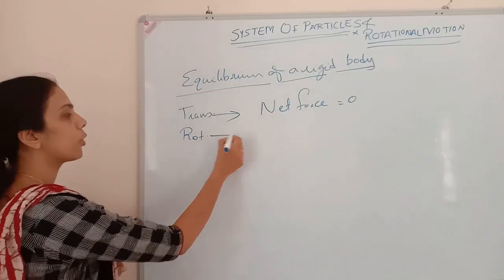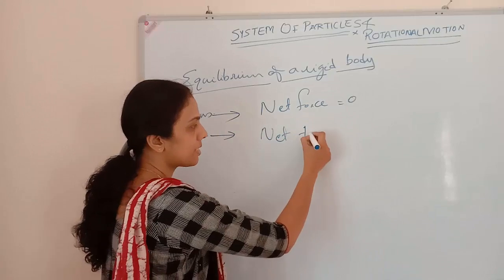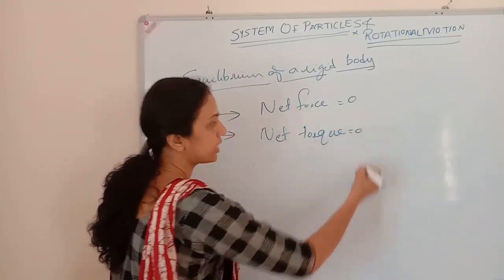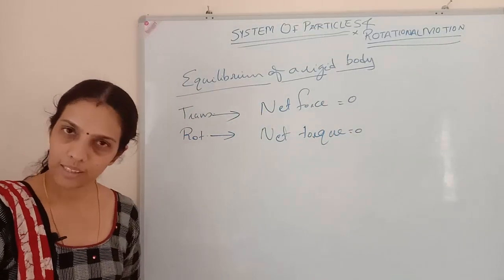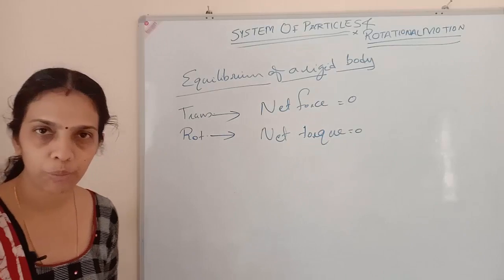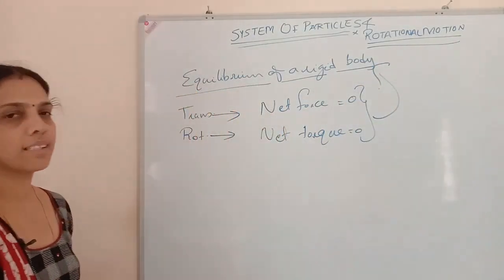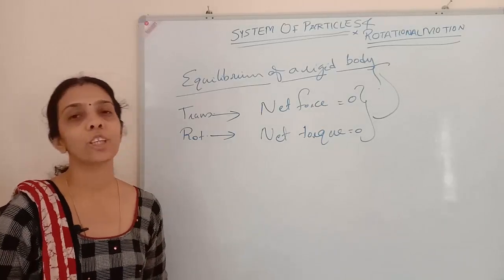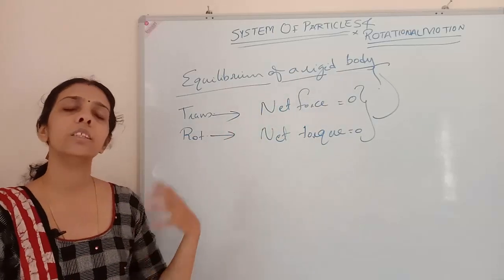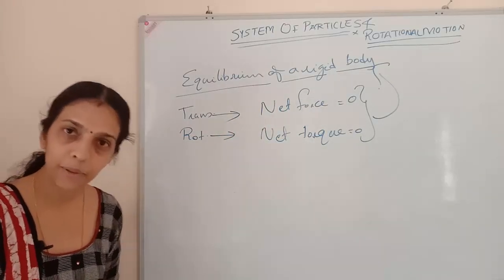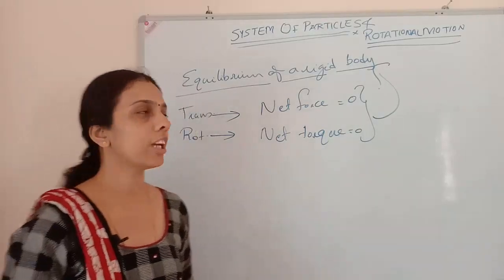And in rotational motion, if the net torque acting on the system is equal to 0, then the system will be in rotational equilibrium. If both conditions are obeyed, then only can we say the rigid body is in equilibrium.